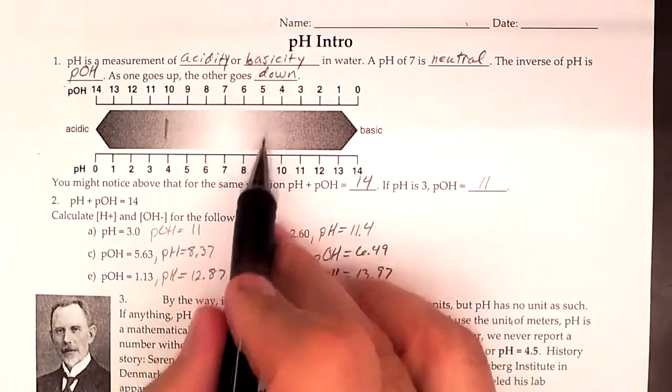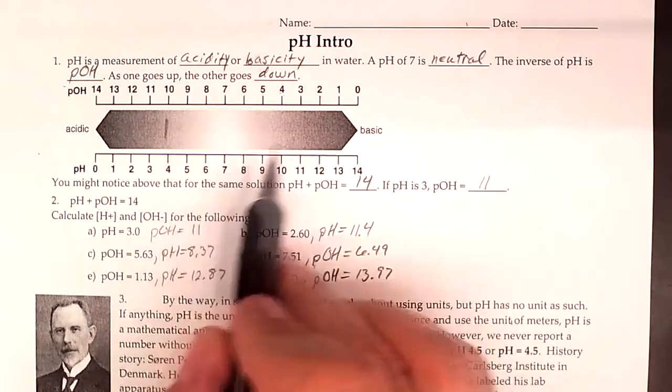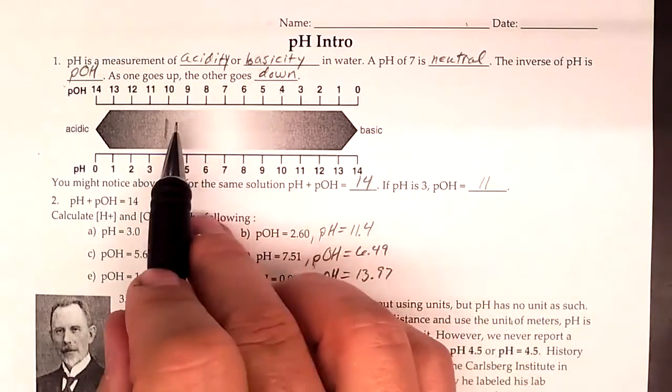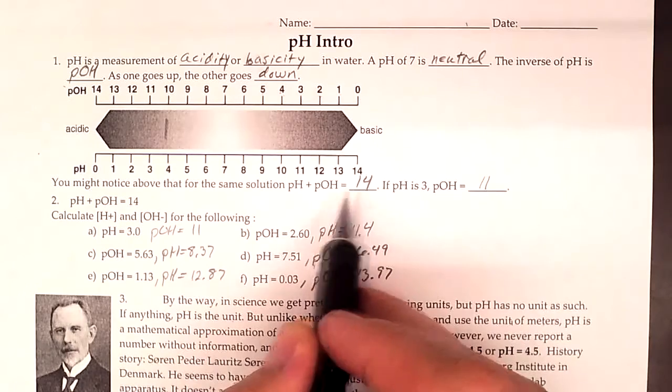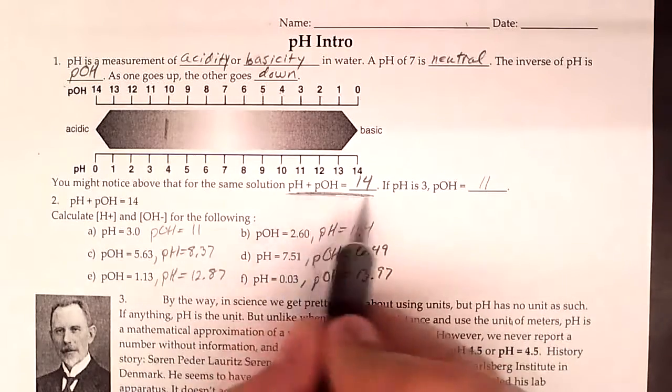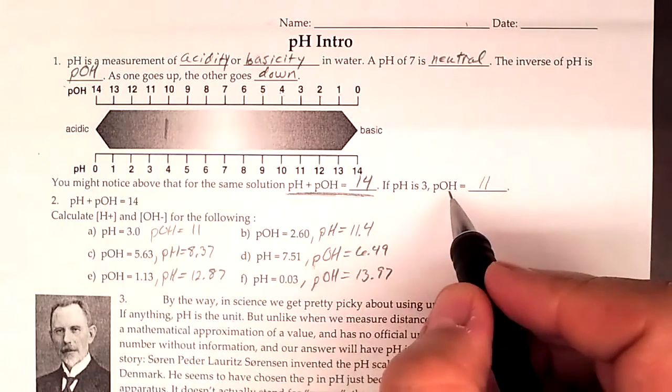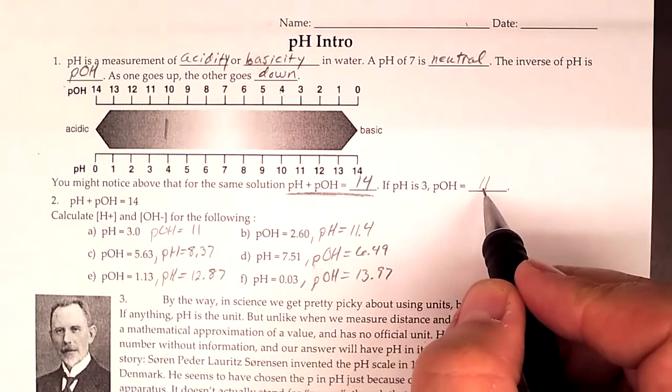This adds to 14, that adds to 14, that adds to 14. The pOH plus the pH equals 14. I would underline or highlight that. If the pH is 3, pOH is 11.